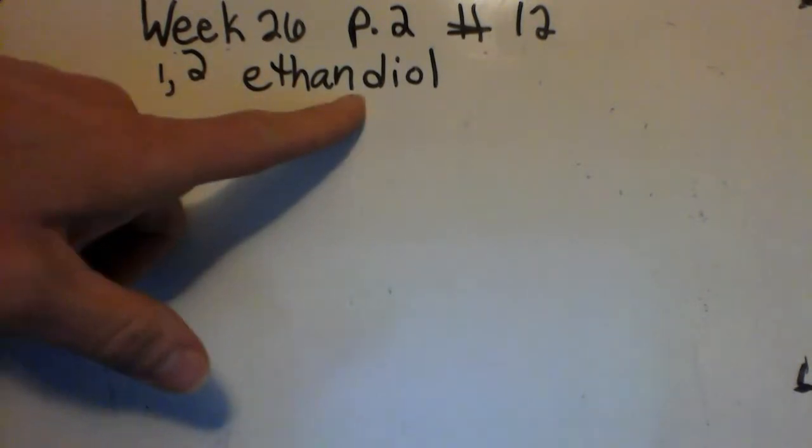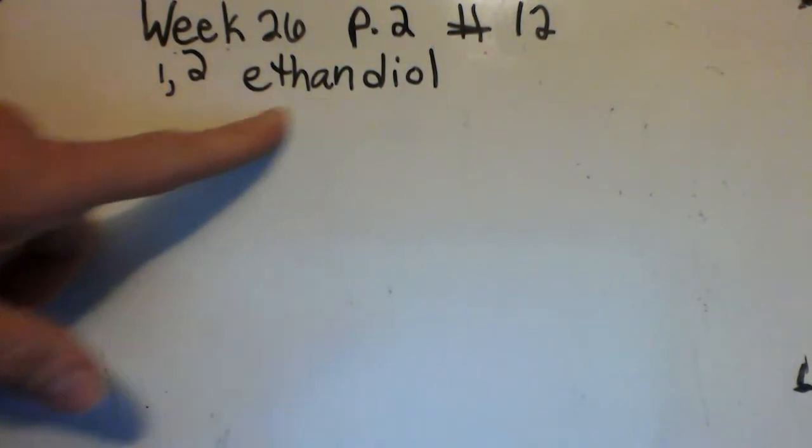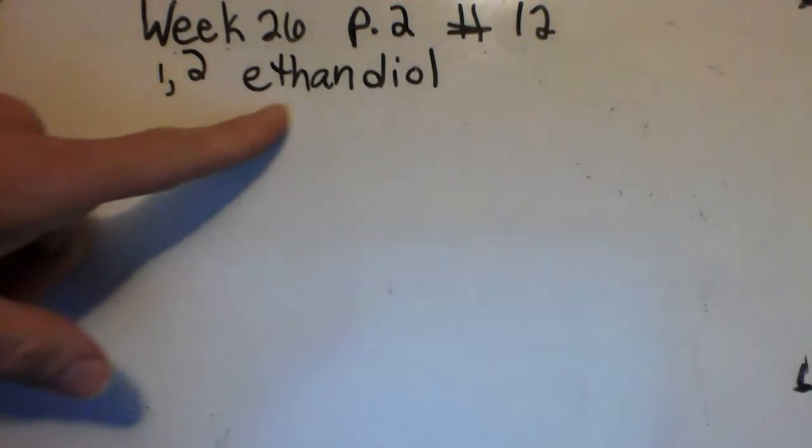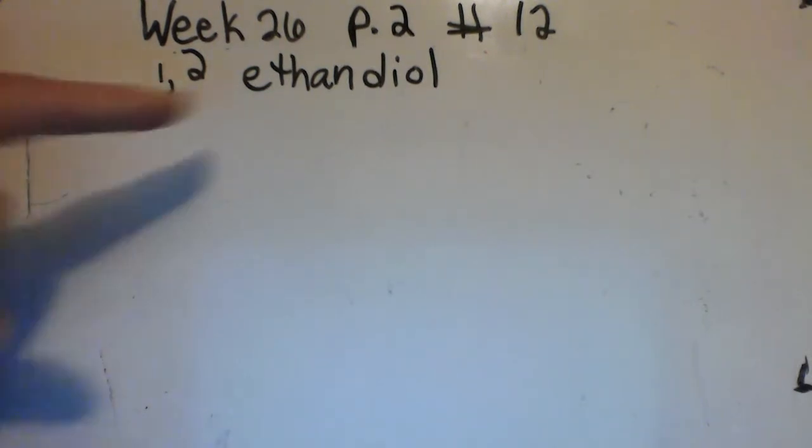And the parent chain we see is ethane, which is a parent chain that has two carbons. Remember methane, ethane, propane, butane, pentane, hexane, heptane, octane, nonane, decane for all of the alkanes.